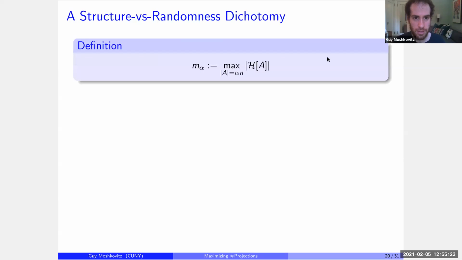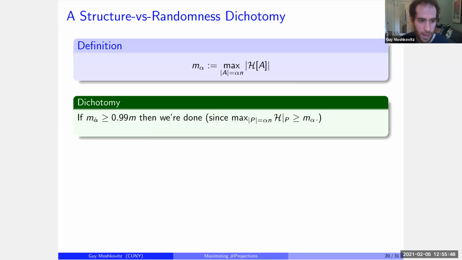So what we're doing is, let's denote by m sub alpha the most edges that you can see on some alpha n coordinates. This is basically the number of projections, but you just consider the top layer, just the induced edges, those that are completely contained in P, or A in this case.